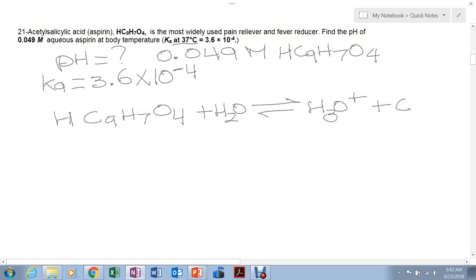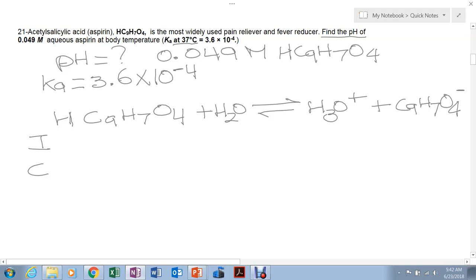Okay, here is C9H7O4 negative, the conjugate base of the aspirin. Okay, this is simple. We have to find here the pH.